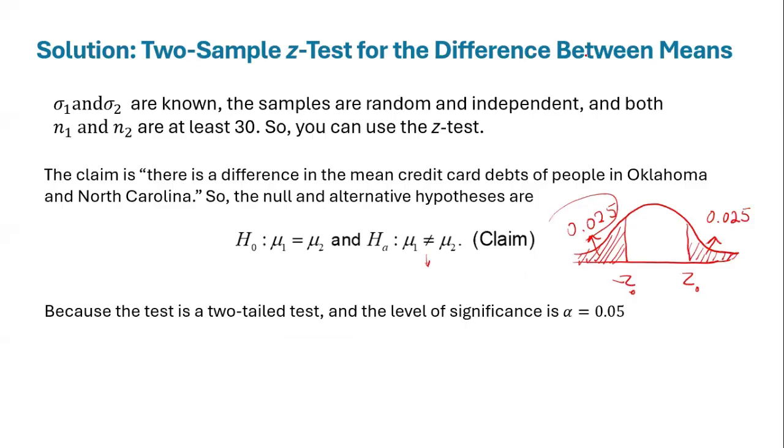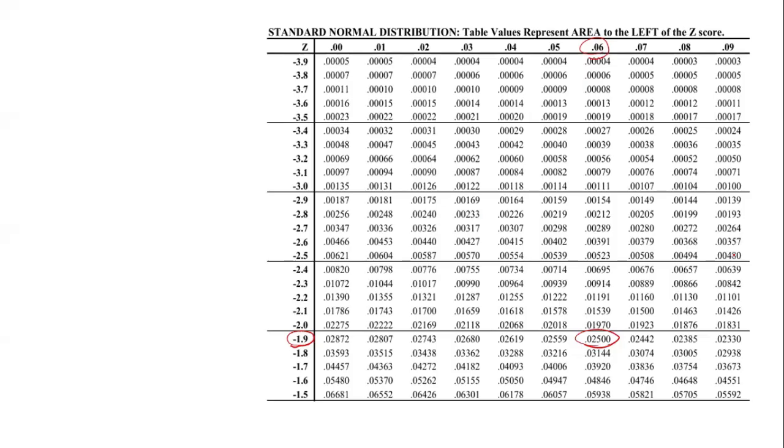But I have two critical values. That means one of them is negative 1.96, so the other one is positive 1.96. And the rejection regions are these shaded areas. That means any number that's less than negative 1.96 and any number that's more than positive 1.96.